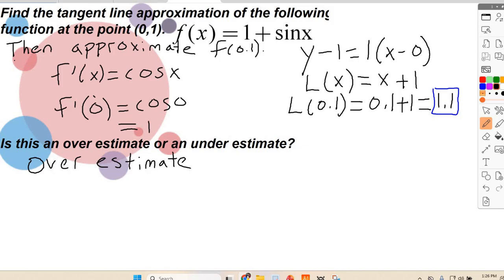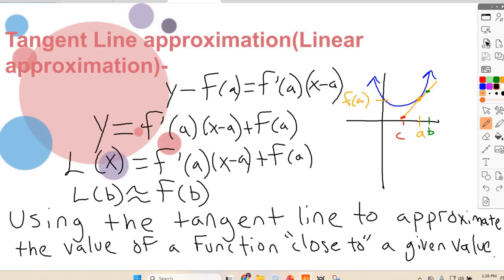Okay. Well, let's look at the one that I have on the previous page, right? Would this tangent line, so my b value over here, would that have been an overestimate or an underestimate? So this value would be my L of b, right?